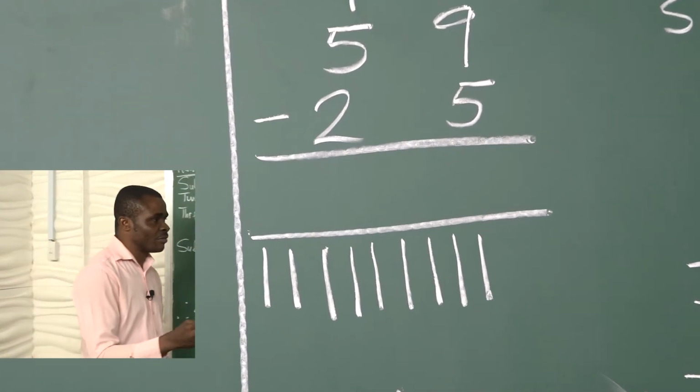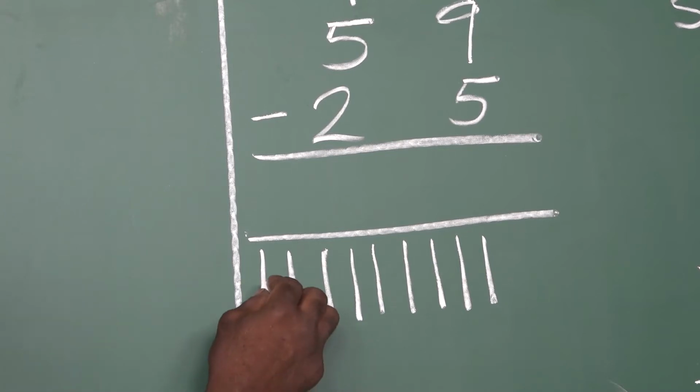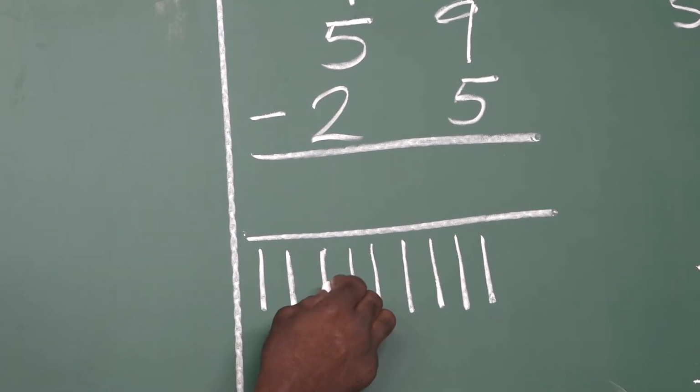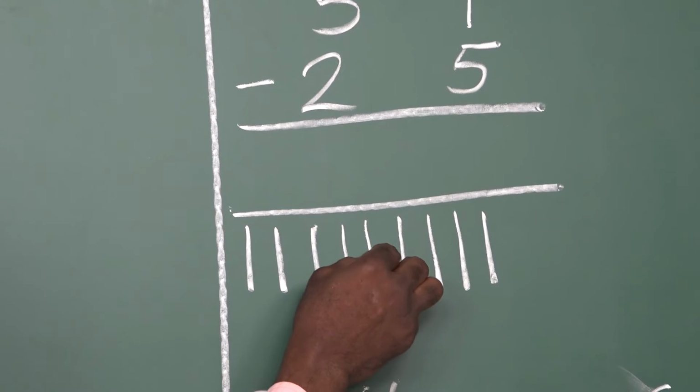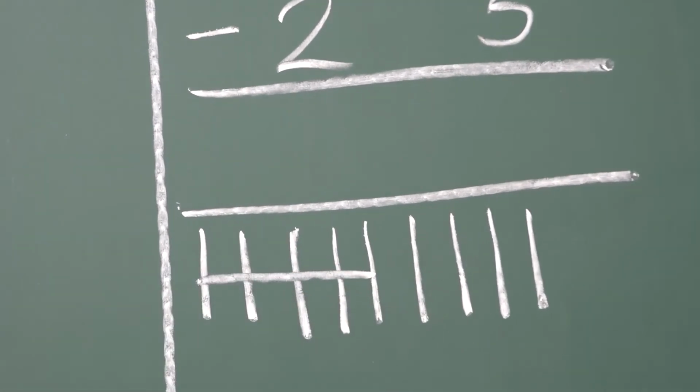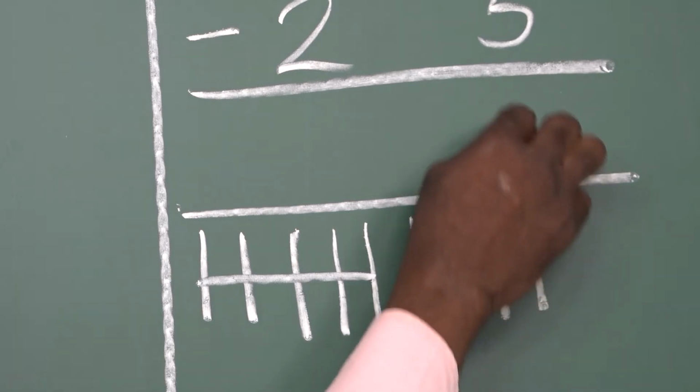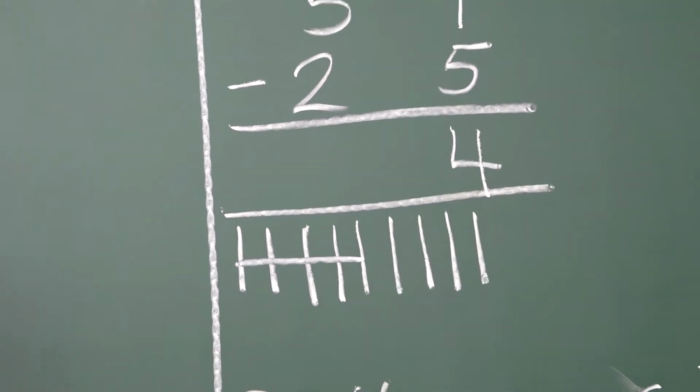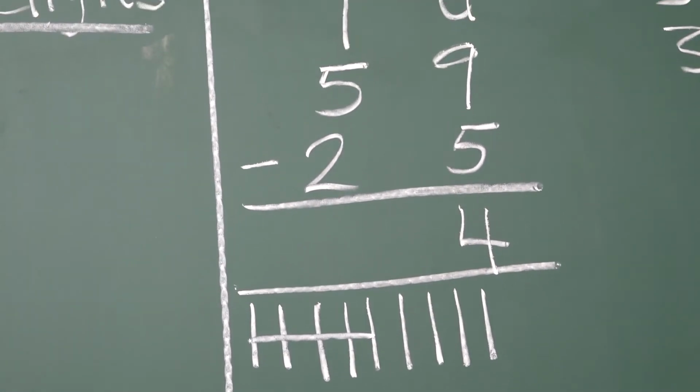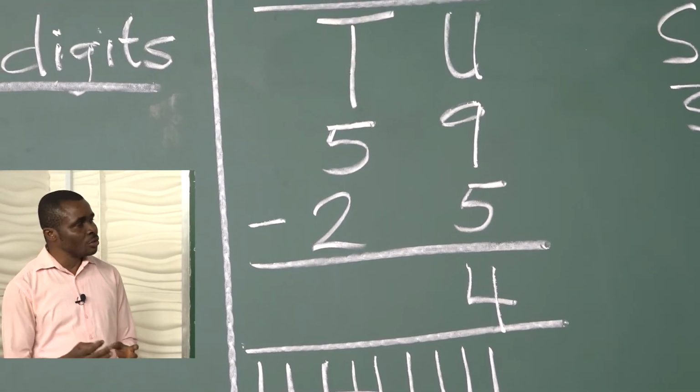After removing that 5, how many will be left? You count 1, 2, 3, 4. You have 4. So you put the 4 under the unit column.